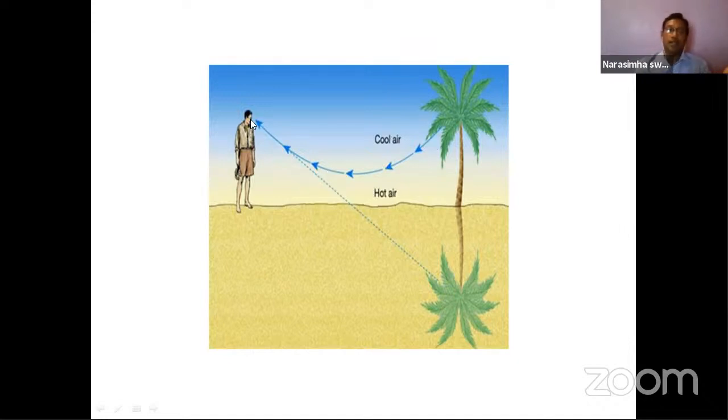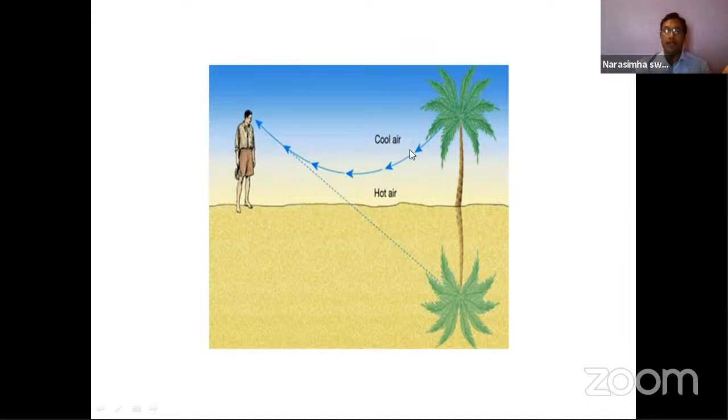And see, the person is looking in this area. It's not real actually. It appears that the sight is in this direction, but the light rays are coming like this.